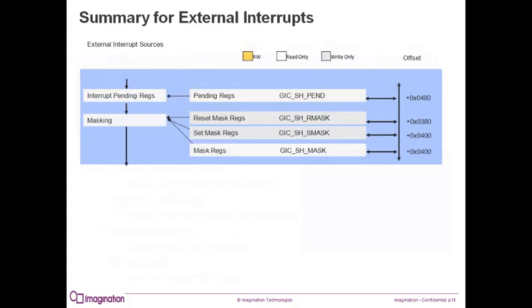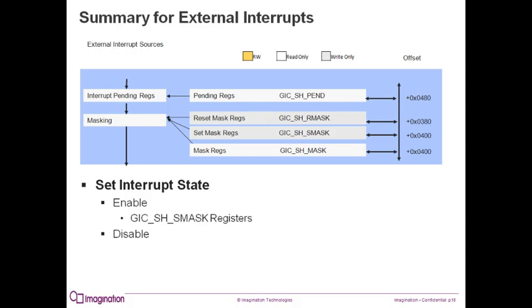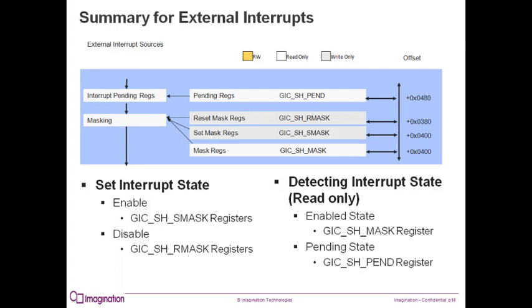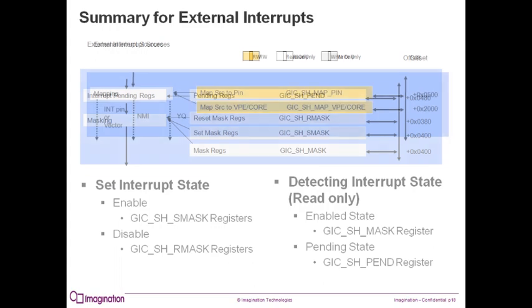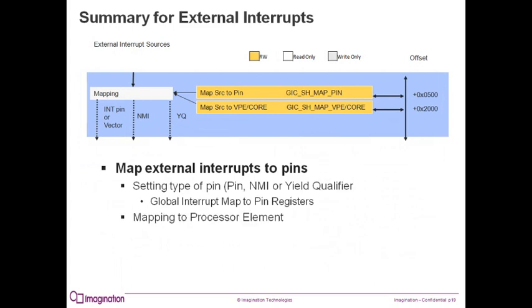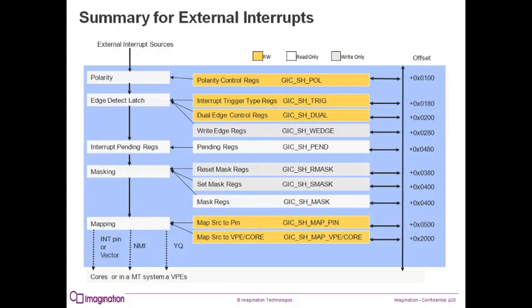How to set the interrupt state using the set mask to enable and the reset mask to disable interrupts, and how to detect the interrupt state using the mask and pending registers. How to map the external interrupt sources using the map to pin and map to VPE registers. Here is the big picture summary of the registers for external interrupts.